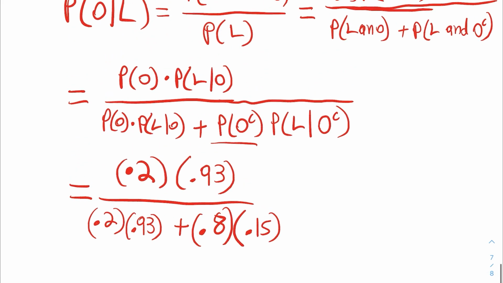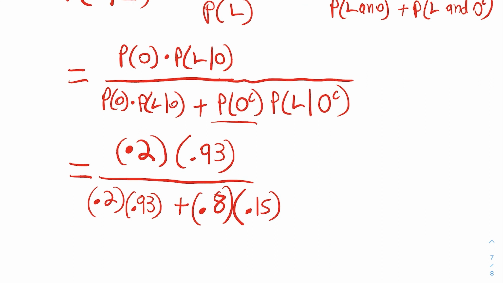All right, once you have all that, we just have to do the calculations. 0.2 times 0.93 is 0.186, which is also the numerator, and 0.8 times 0.15 is 0.12.